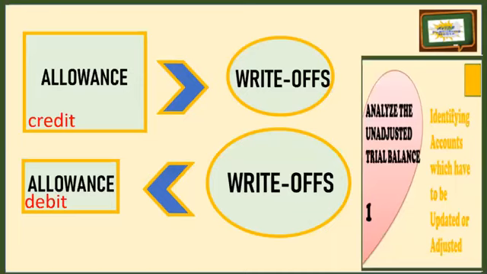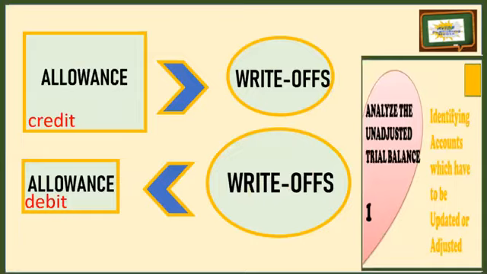If the write-offs, meaning to say the uncollectible, were less than expected, the allowance account will have a credit balance. If the write-offs are greater, the allowance will have a debit balance.